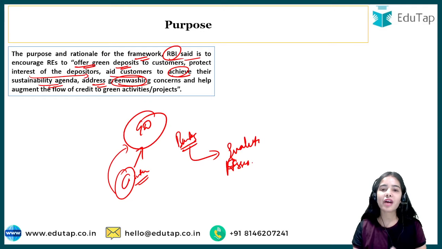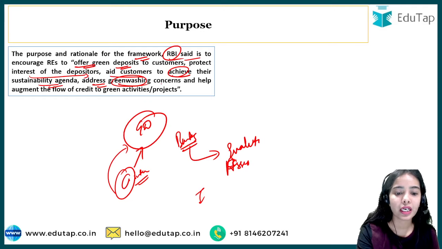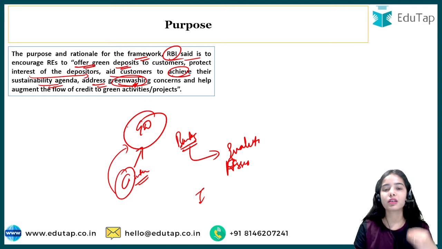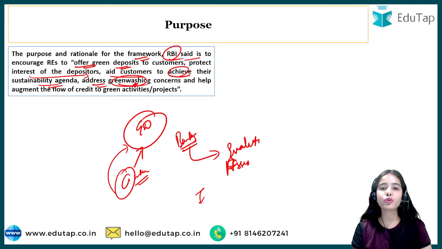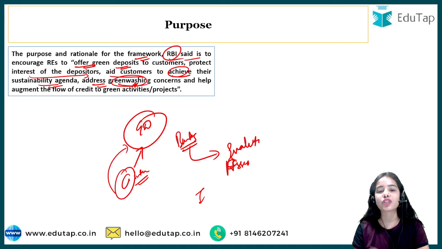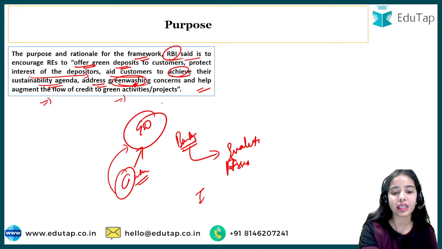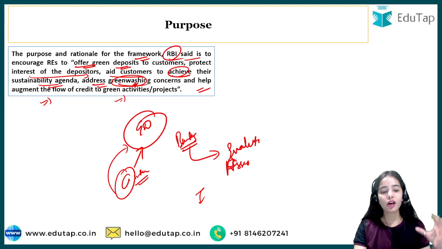Because the bank will be very thorough, and there will be an independent party also evaluating all such things, the greenwashing concerns can be reduced. Greenwashing we have understood: when a person is trying to cheat by saying that I am producing something environmentally good, which is not actually environmentally good. And help augment the flow of credit to green activities or green projects. So the flow of credit will increase to such activities and projects.